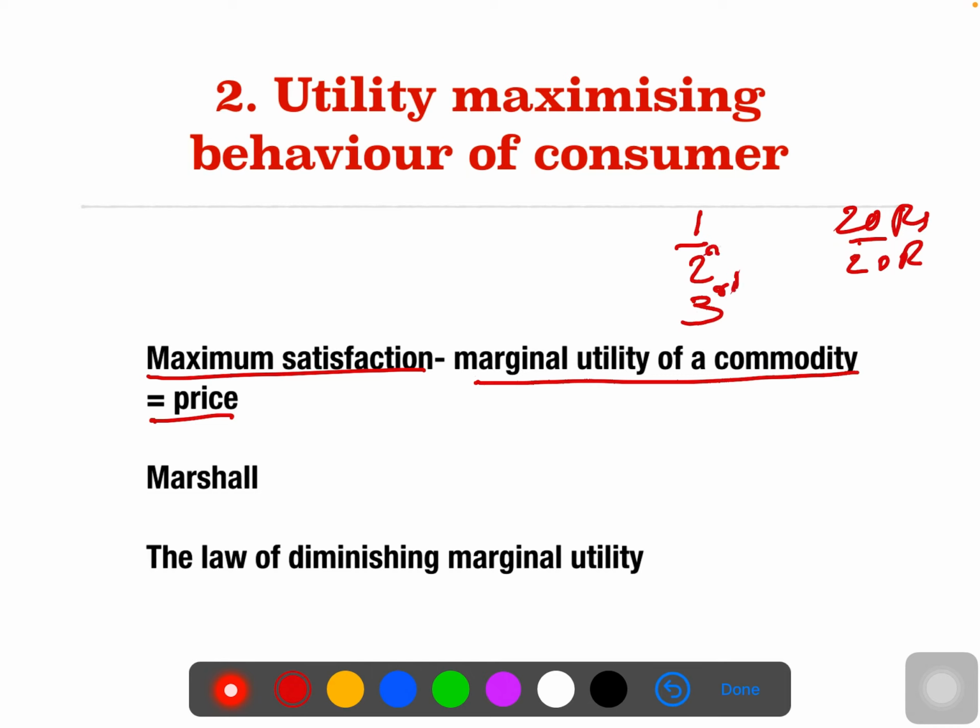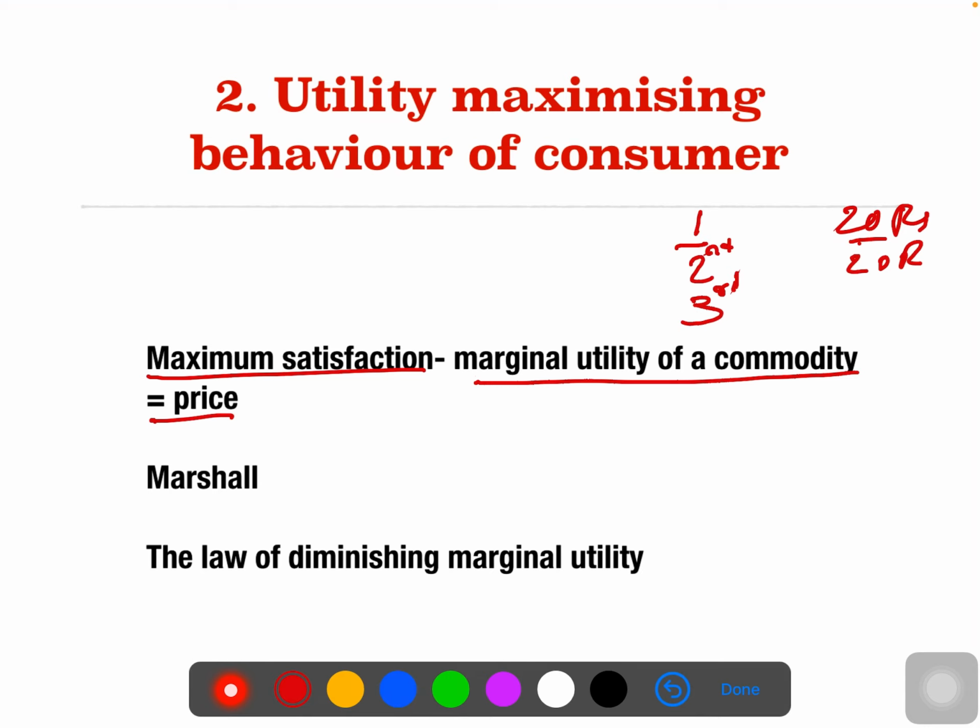Whenever you have the first bite, the first piece of any sweet, you will get the maximum satisfaction. If you continuously have the same good without a break, just imagine I'm having Malai sandwich one after another.